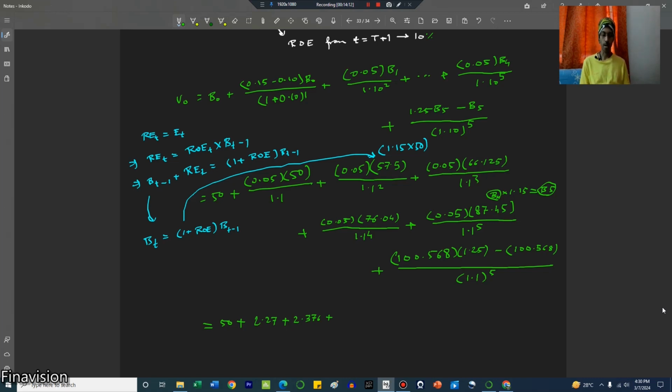Then 66.125 into 0.05 divided by 1.1 cube, this is 2.48.